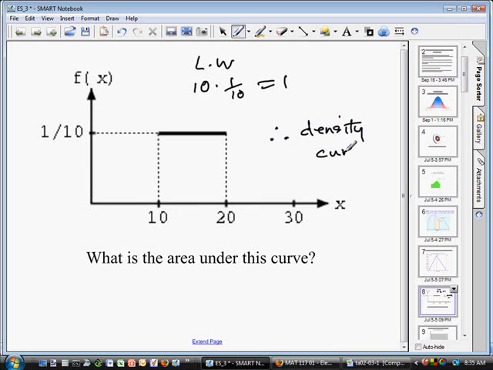So what's the key thing for it to be a density curve? The area under the curve has to be 1. Let me just say area. If the area under the curve is 1, you've got a density curve. And it's okay if it's not curved, if it's just a straight bar like that.